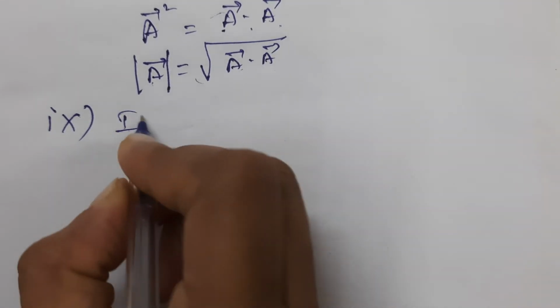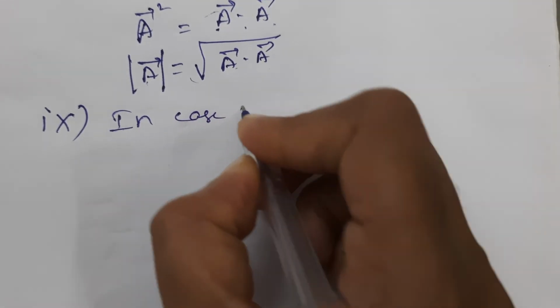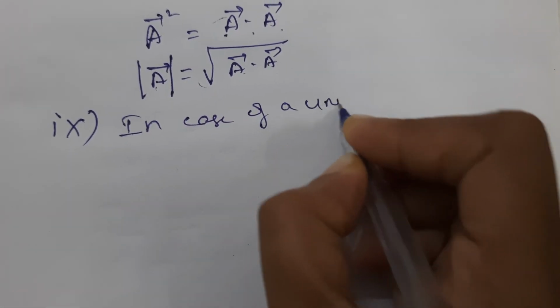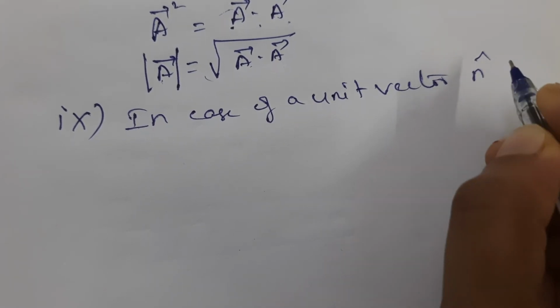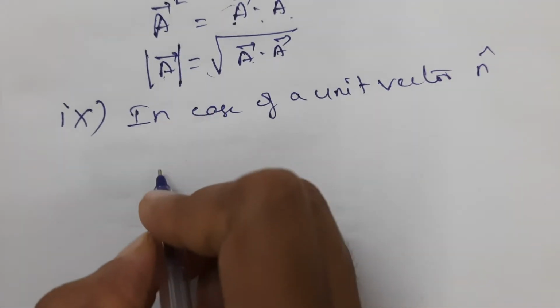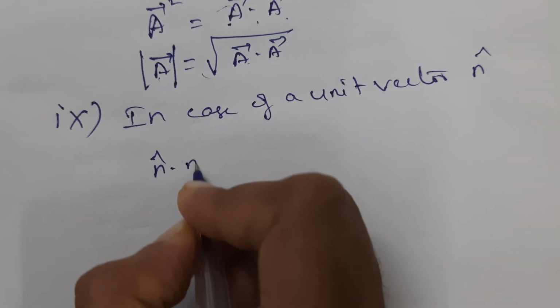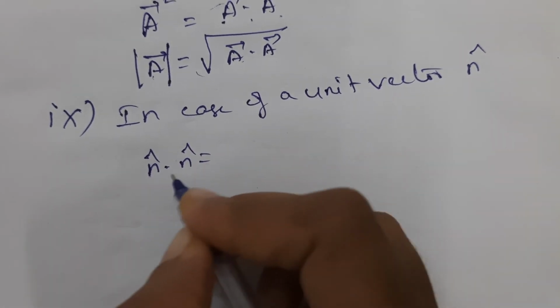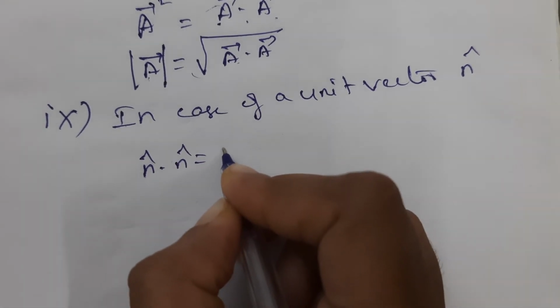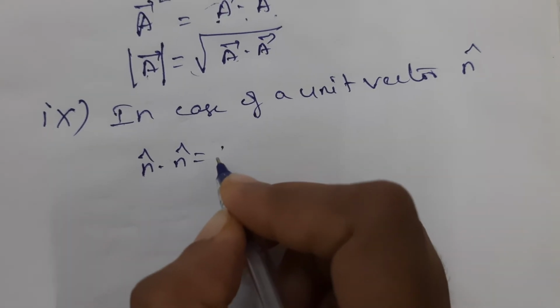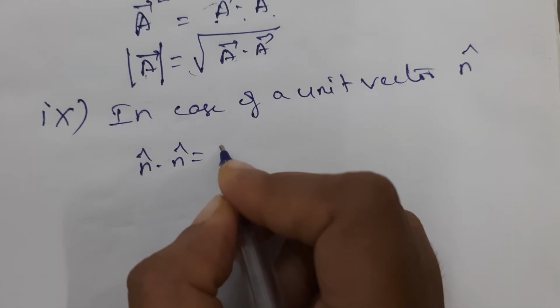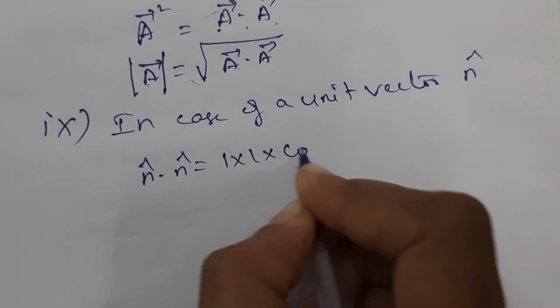Next point. In case of a unit vector n cap, that is n cap dot n cap is equal to, unit vector means 1 into 1. So n cap dot n cap means nn cos theta. Theta is 0. So we can write 1 into cos 0.